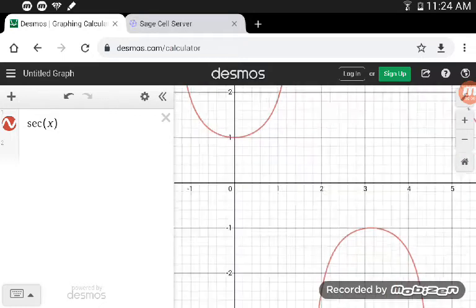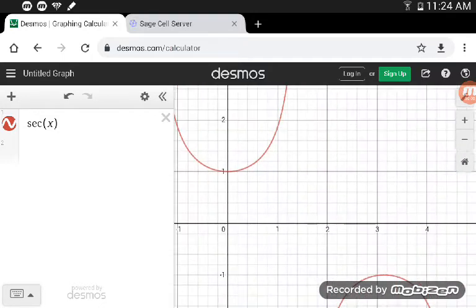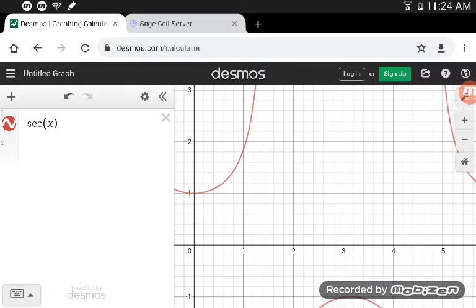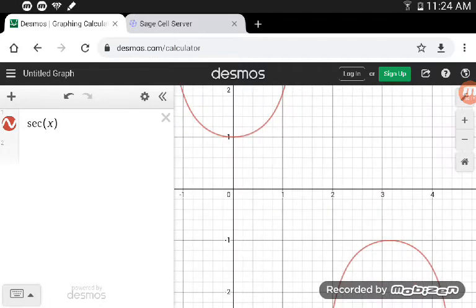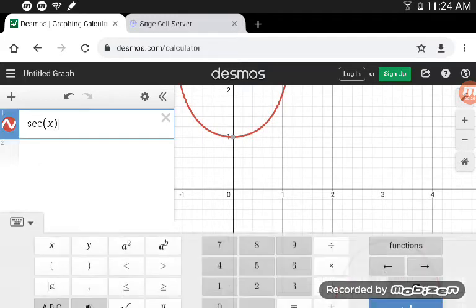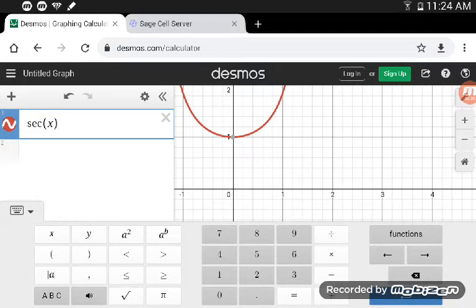And I could blow this up to try to figure out where that is. I'm bigger than 1, less than 2, and so I could try checking. It looks like maybe it's pi over 2, because pi over 2 would be 1.5 ish, and so I could simply check that by coming in here and saying function secant.